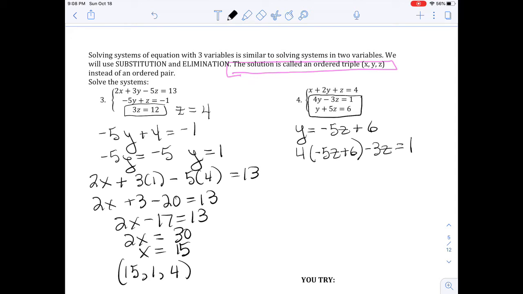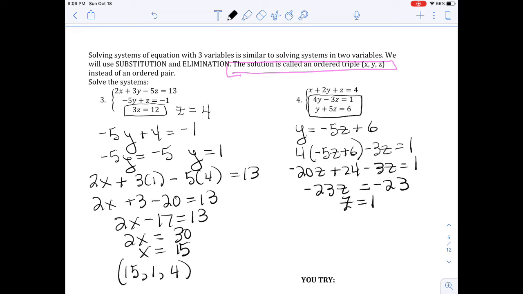So now I'm using the technique that I just showed you, substitution, to solve this little mini system inside of a larger system. Negative 20z plus 24 minus 3z equals 1. Negative 23z equals negative 23. So I'm combining like terms, moving the 24 to the other side.